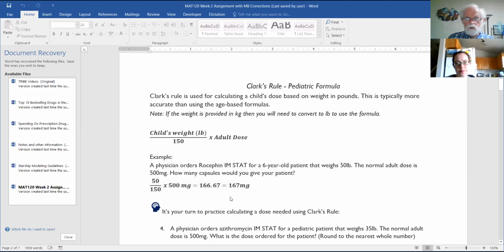There is a bit of thought we need to put into this. When we are doing a calculation like this, we will round it off as long as the ultimate dose we give to our patient is within 10% of what we calculate. And of course, the difference between 166.67 and 167 is far, far less than 10%.